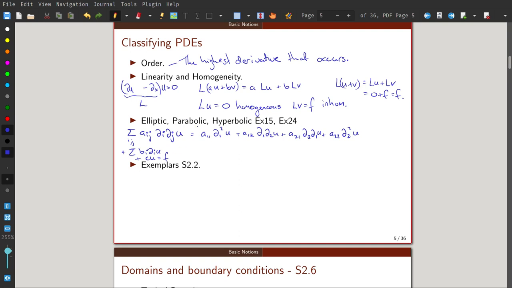And so in particular, the highest order tends to be the dominant behavior of the equation for linear equations. So we look at this highest term and we try to classify the second order equations by their highest term. So what we have is a symmetric matrix here, A. This should be symmetric.